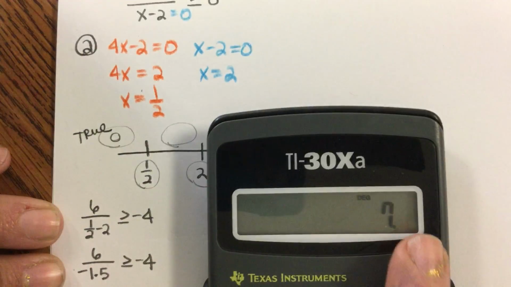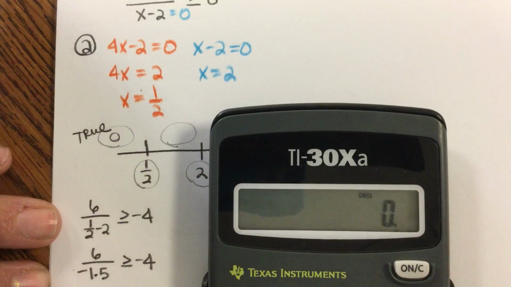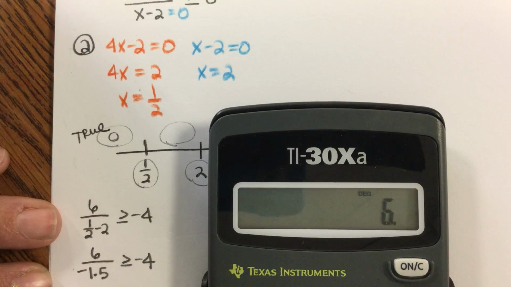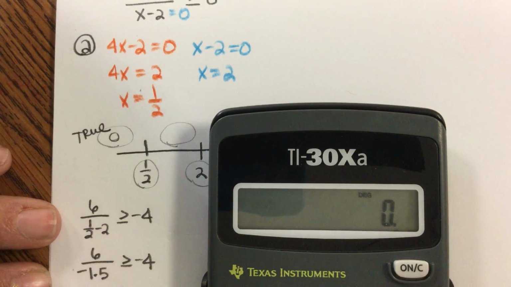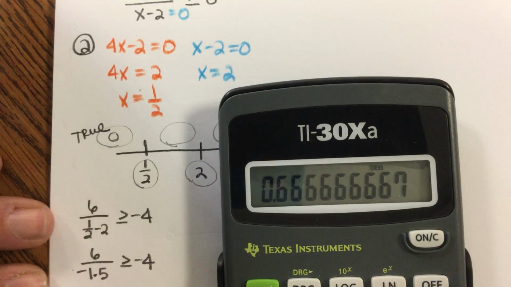Okay, so let's get out our calculators. 6 divided by -1.5 equals, that's not right. Okay, so we get not a right answer.